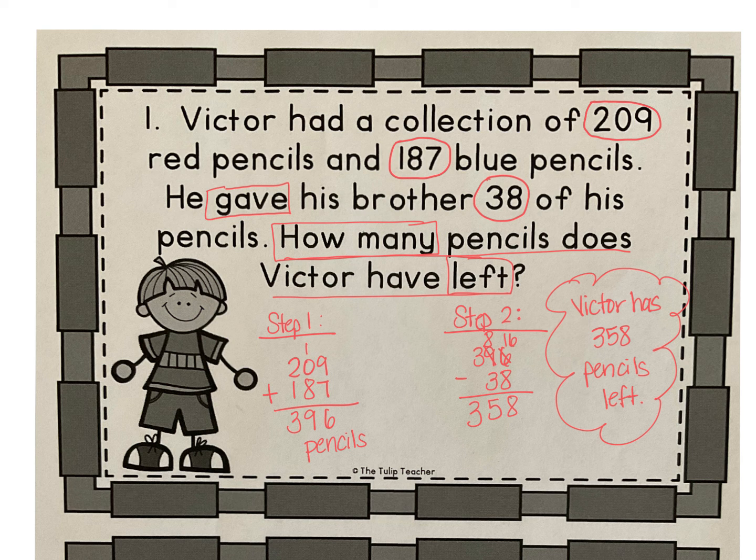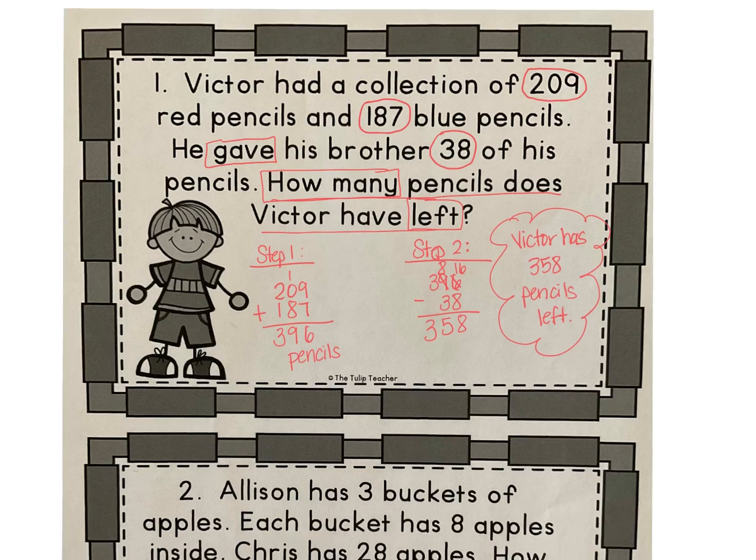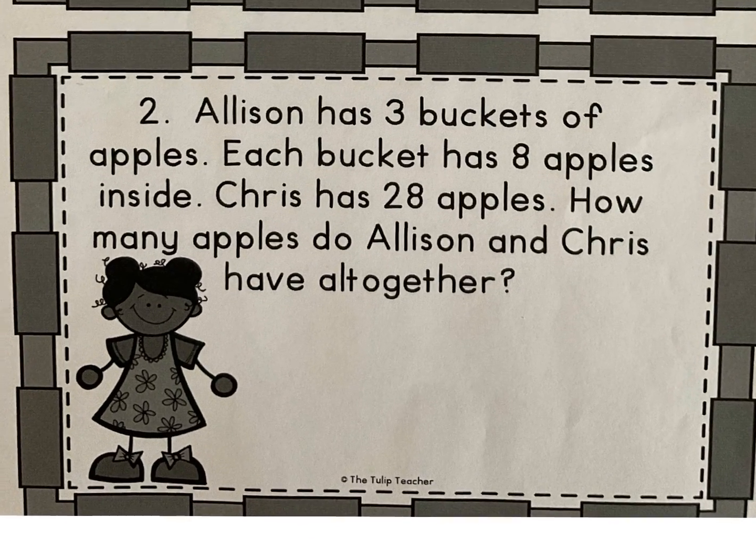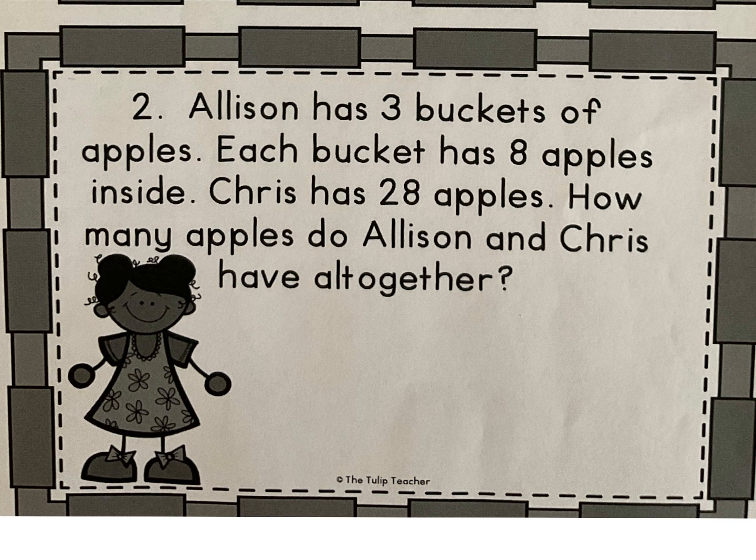Okay, so let's go look at number 2. Okay, let me get number 2 pulled up right here. Okay, so as you're reading the word problem, as I'm reading it, I want you to visualize. I want you to get a picture in your head of what's going on. Okay, so Allison has 3 buckets of apples. 3 buckets.